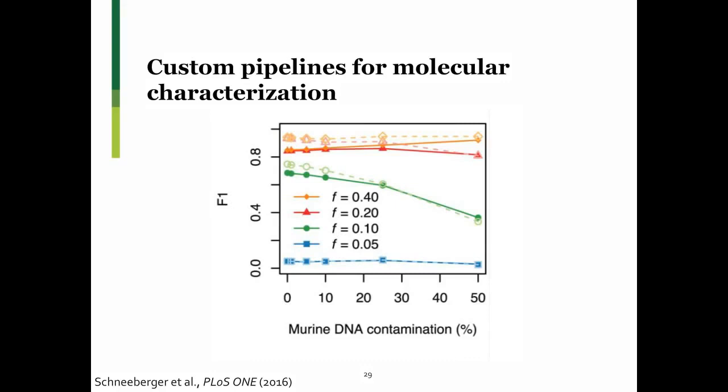So I think we took a couple of things away from this. One was that at 30x to 60x depth, 5% variant allele frequency, you weren't really going to be able to reliably call those mutations anyway. At high variant allele frequency, you can tolerate a lot of mouse contamination, but the low frequency variants in the 10 to 20% range, the ability to call those mutations really drops off as your mouse contamination increases.